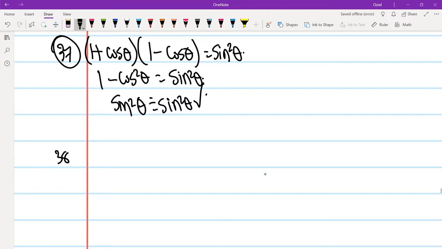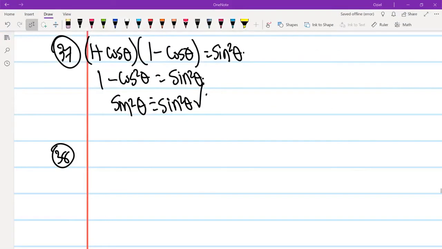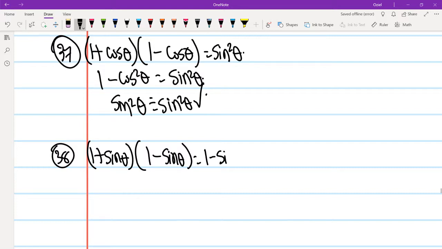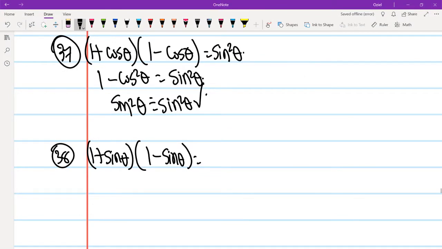And then for number 38, it's kind of the same thing. 1 plus sine of theta times 1 minus sine of theta equals cosine squared of theta.